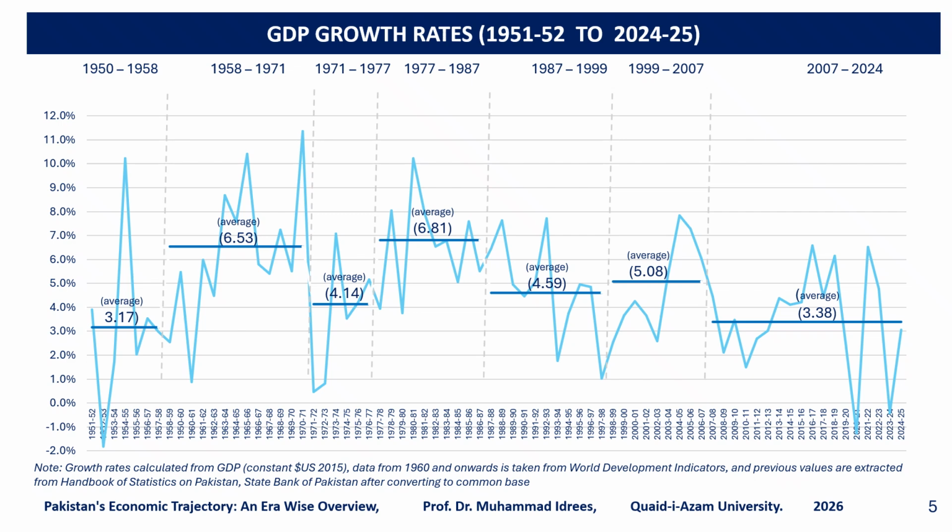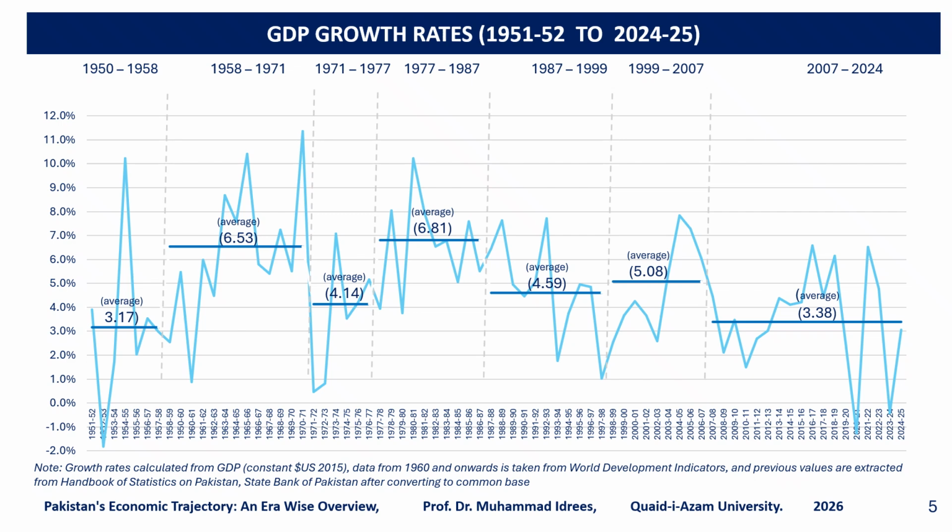So it is very interesting to see that, in general, on average, the growth rates during military regimes were relatively higher as compared to the political regimes. But there could be multiple reasons behind it. We will talk about only two major factors.